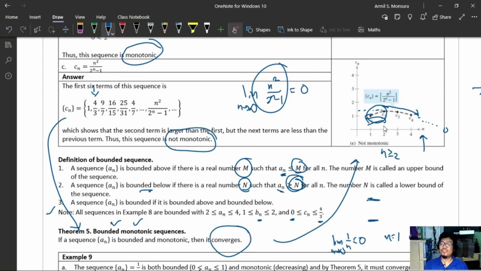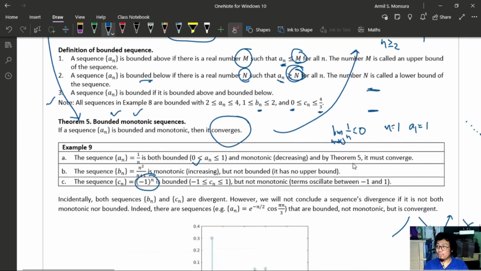So you may use theorem 5 to argue that a sequence is convergent. But don't use this to say that a sequence is divergent. That's what theorem 5 is all about. Use theorem 5 to argue the convergence of a sequence, but don't use it to argue that the sequence is divergent just because it is not bounded or not monotonic.